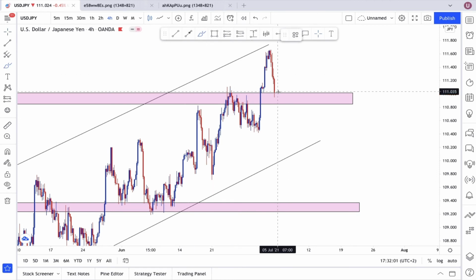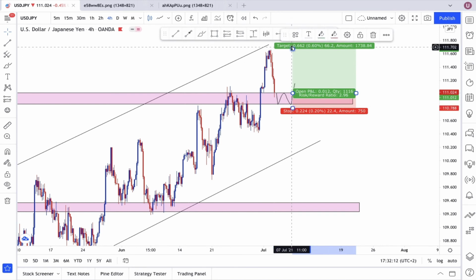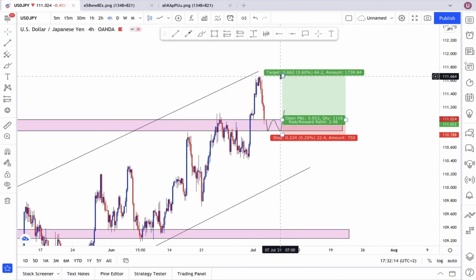If you're looking for buys, you can be looking for patterns such as double bottoms, and then you can take the trade from there with a small stop loss and your first targets being the previous high.